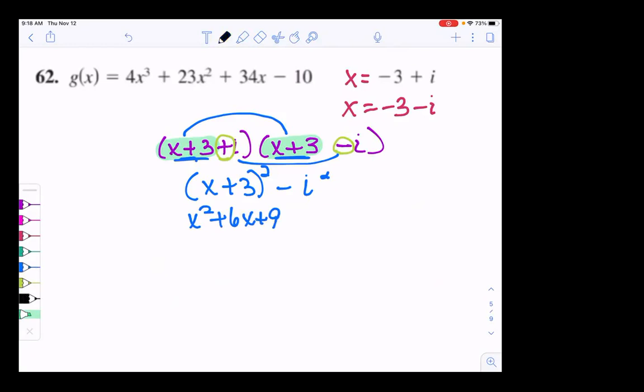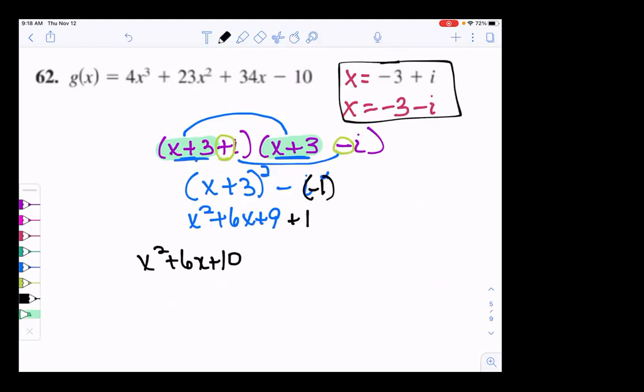A minus i squared is really a minus negative 1, so that turns into a positive 1. So if I was given the equation x squared plus 6x plus 10, that equation would give me these two zeros. The zeros were created from that equation, x squared plus 6x plus 10.